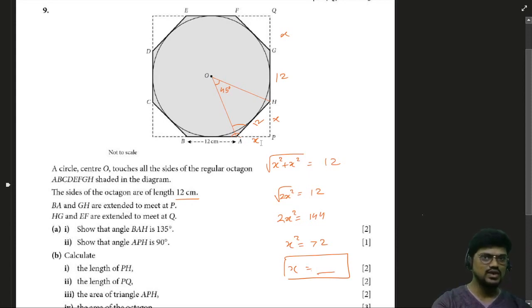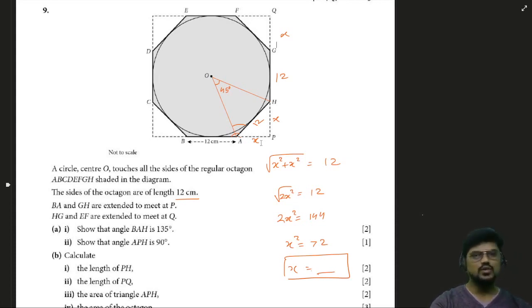Did you understand how to find the area of the octagon? Now, as we know the octagon has been divided into 8 equal triangles, right? If we divide the area of the octagon by 8, you will get the area of one triangle. Yes or no?